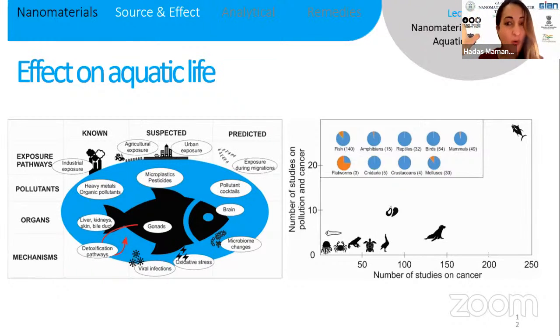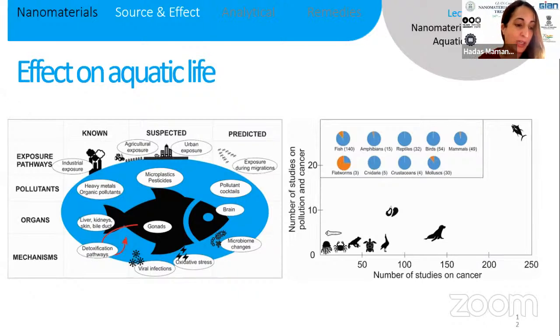So this is one major thing that is very important to consider. Also, the anthropogenic contamination that is derived from human activity. We discussed that human activity results in this type of pollution.